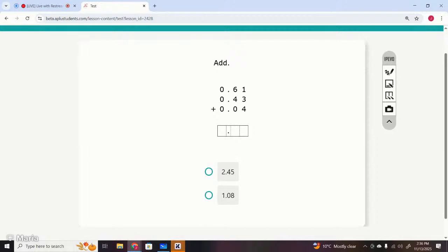Okay, so let's just add. That is 1.08. Option number 2 is the correct option.